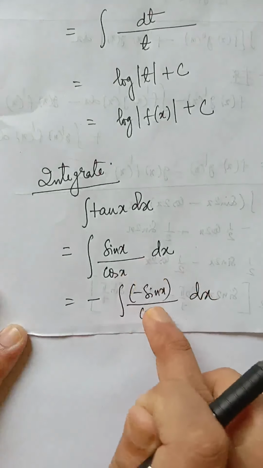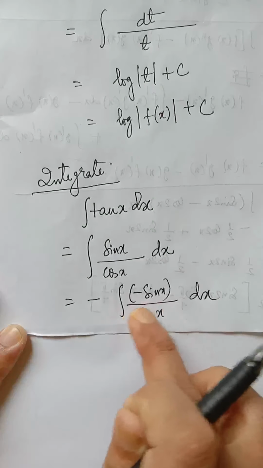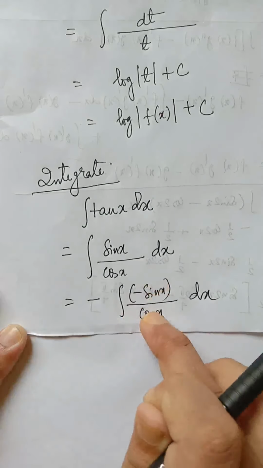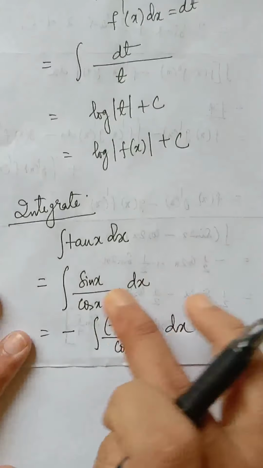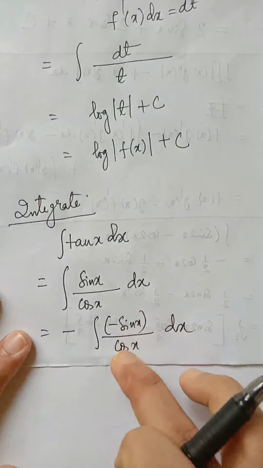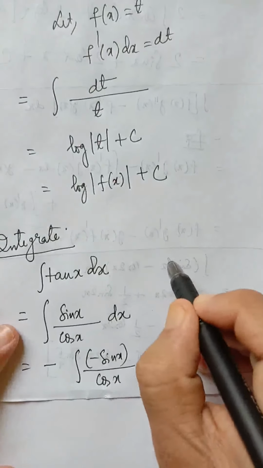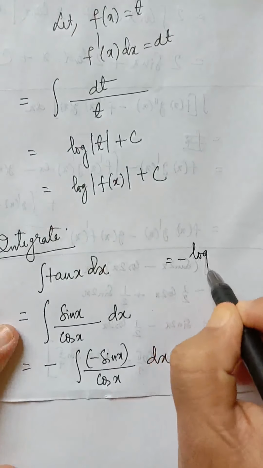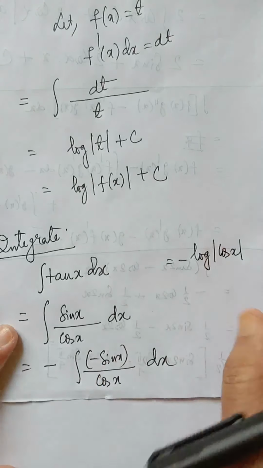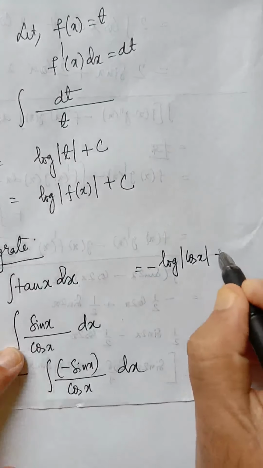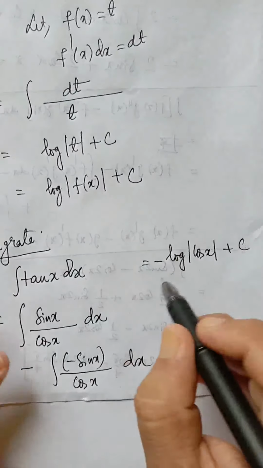This is cos x, our function fx, and this is its derivative f dash x. So integration of f dash x by fx is log of fx, so it will be minus of log of cos x plus c.